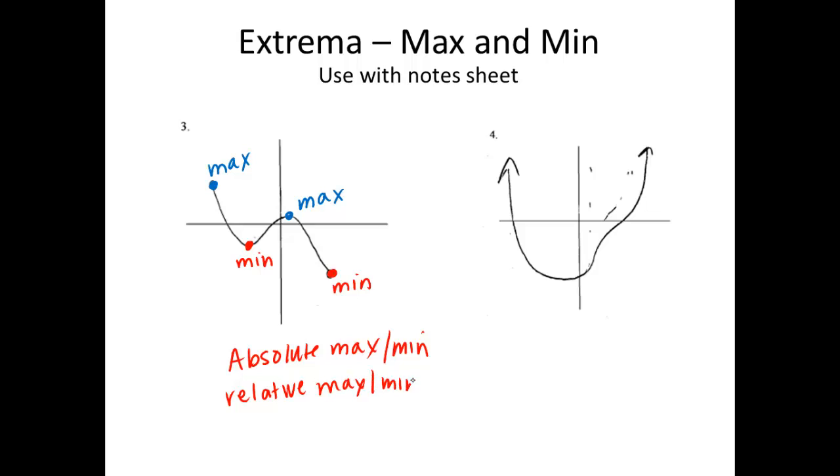So those are some different terminology that you'll see. Absolute means it is the highest place on the graph, or it is the lowest place on the graph. And our relatives are important because it spikes up to this spot, but that doesn't mean it's the highest.